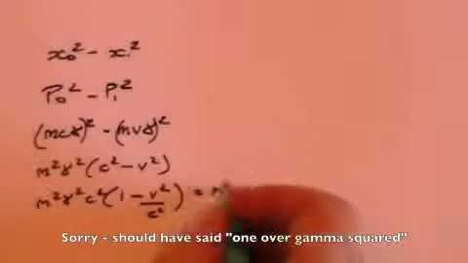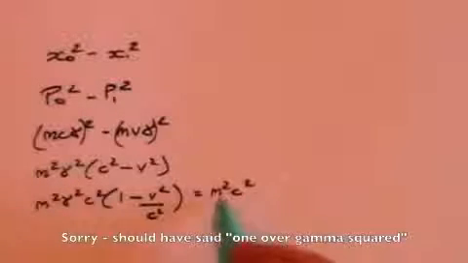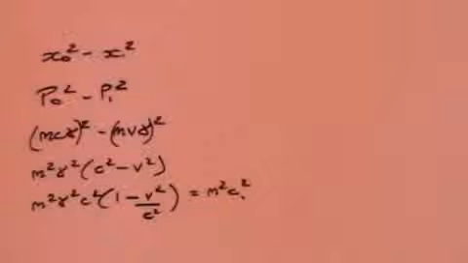But 1 minus v squared over c squared is simply 1 over gamma squared, so that becomes m squared c squared. And so we find that since the rest mass is constant and c is a constant, p0 squared minus p1 squared is another invariant term. It doesn't change. Everybody can count the same.